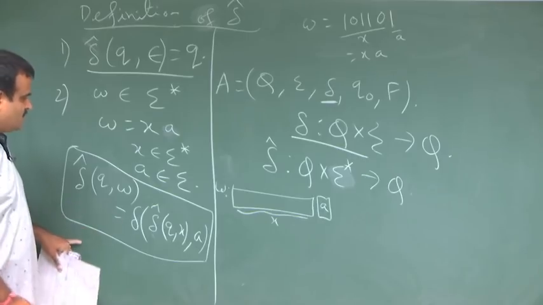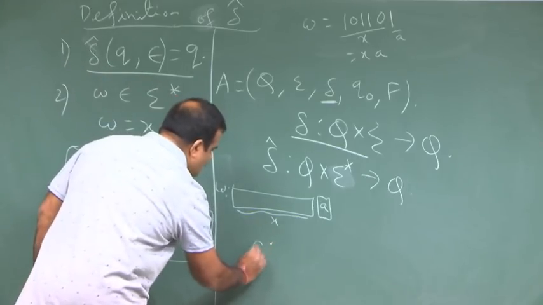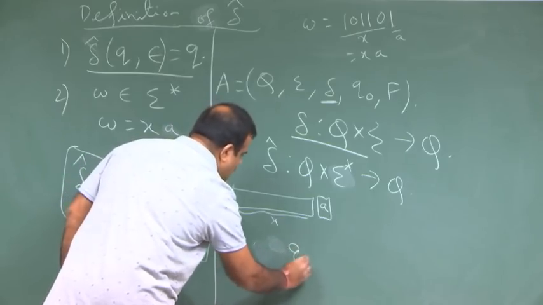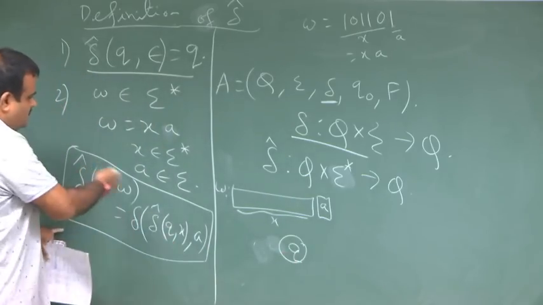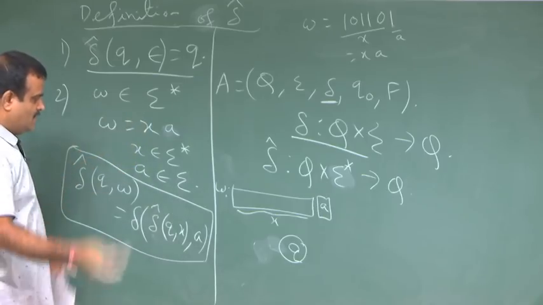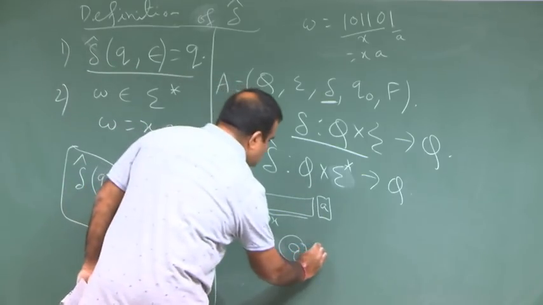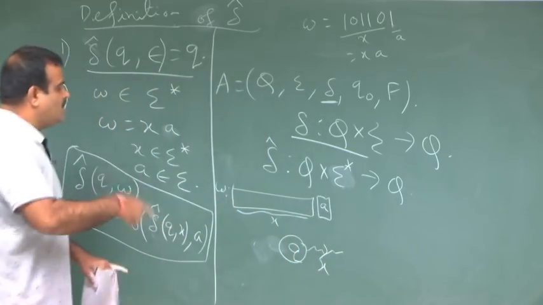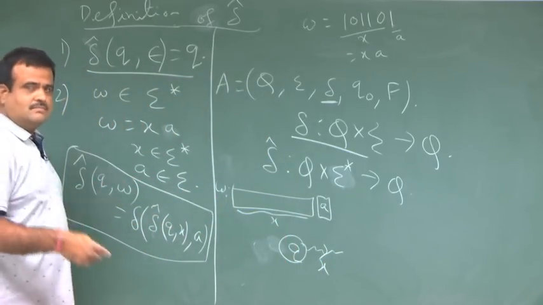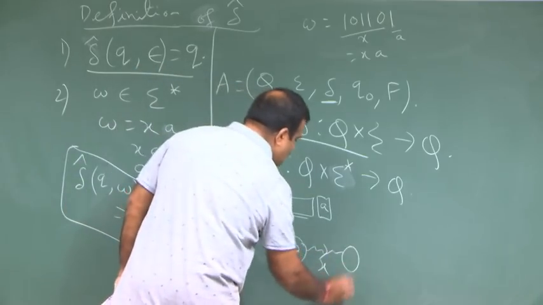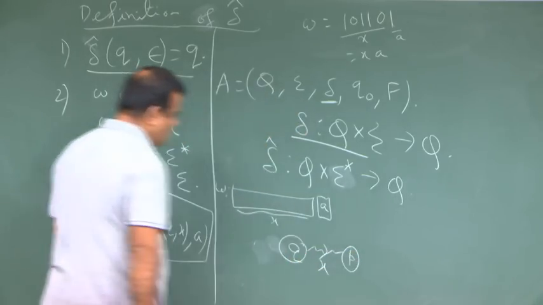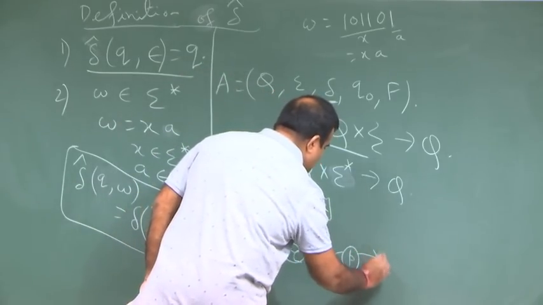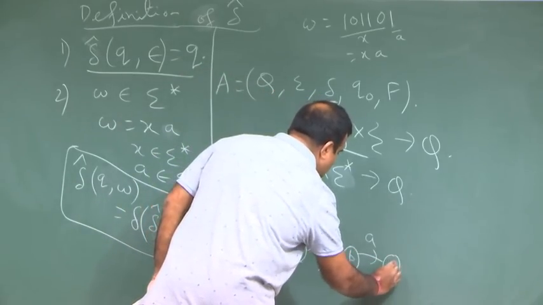Now, this is the inductive step. We start from q0, but we do not know whether we are starting from the starting state or this may be in the middle. So, we first read x. This will keep on executing and after some time it will reach a state, say p. Then on p we can apply delta on A, and it will go to some r.